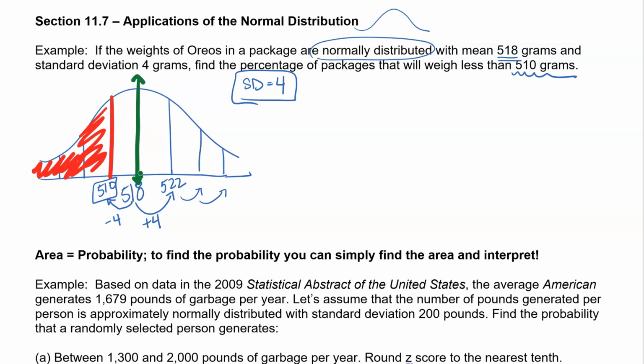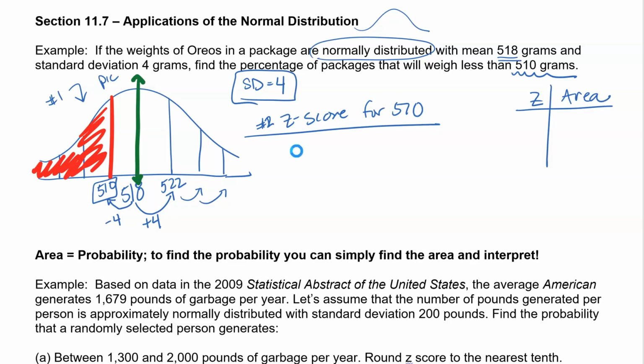That's our middle here. All right, so I'm going to want to use the table, okay, but the problem is the table only gives us z-scores and area, and I don't have any z-scores. So what I'm going to have to do, step one is draw the picture, okay. Step 2 is going to be to find the z-score for 510.